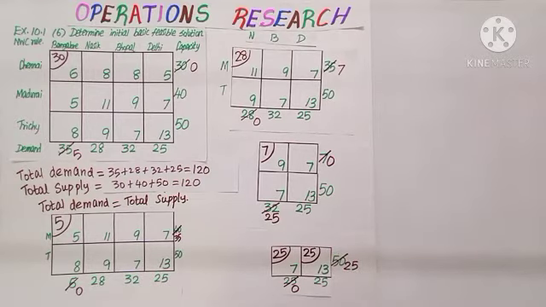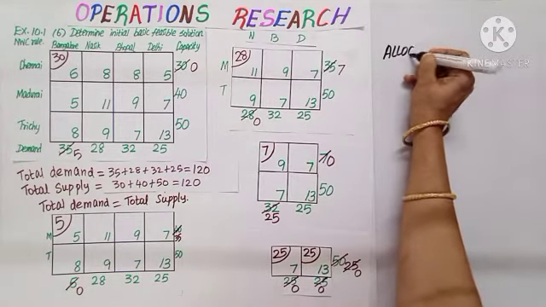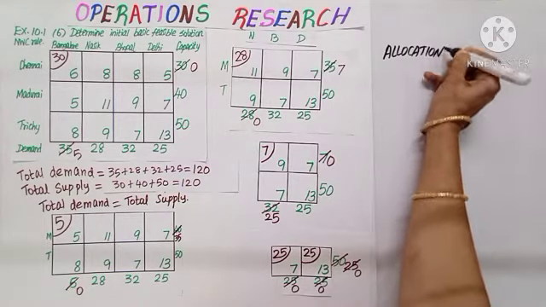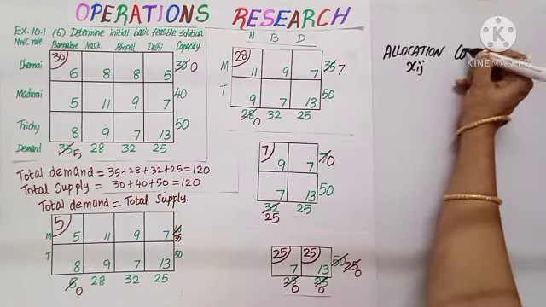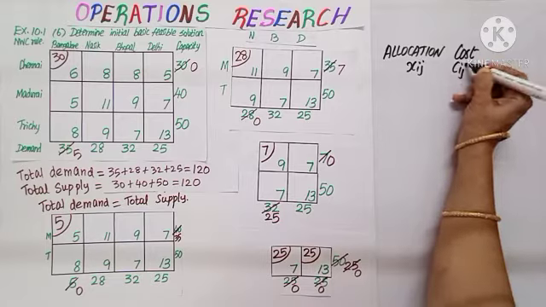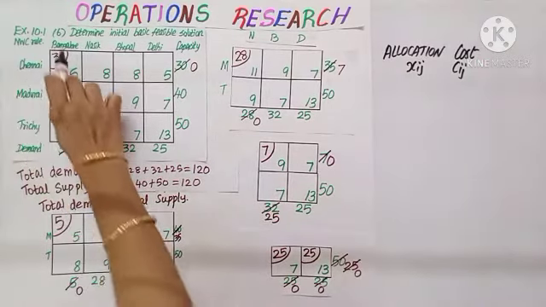As we have allocated and we have done with all the demand and supply, let us write down the allocation. The allocation we give the name Xij, and the cost we call as Cij. Very first one, 1, 1.